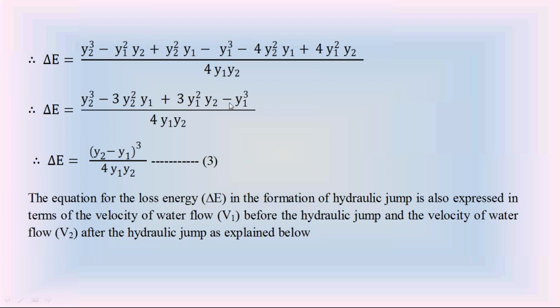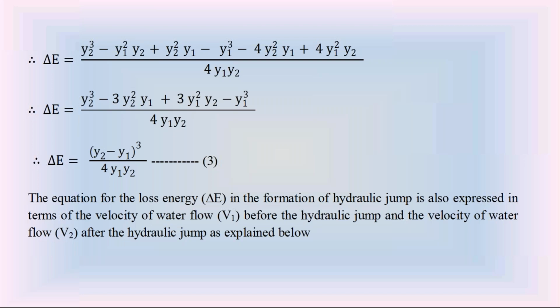So this is written as (Y2 minus Y1) whole cube divided by 4 Y1 Y2. This is equation 3. Equation 3 is the loss of energy of water flow in the hydraulic jump in a rectangular channel. So if the hydraulic jump is formed in a rectangular channel, the loss of energy of water flow in that hydraulic jump can be found in terms of the depths of water flow Y1 and Y2.